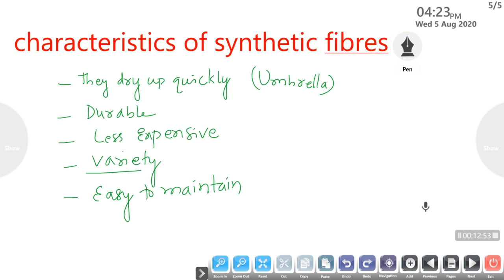That means it's very easy to maintain synthetic fibers. Here they dry up very quickly, they are durable, less expensive, that is cheap, different varieties and different colors we can get, and it is easy to maintain. So these are some properties of synthetic fibers.